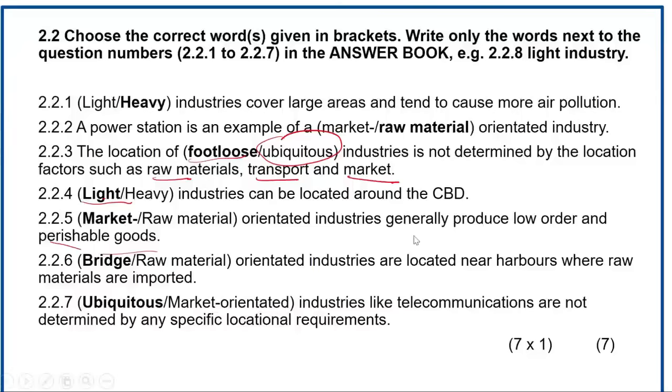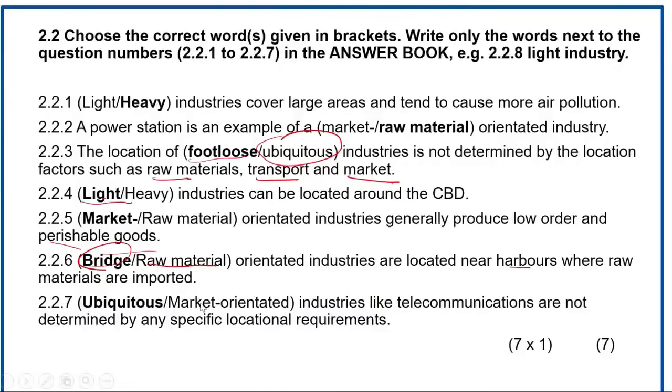So the customers for this industry will be the CBD. The bridge industry or raw material orientated industry are located near harbors where raw material are imported. So it cannot be raw material because it speaks of a bridge, which means it will be for transportation. So it is the bridge industry.